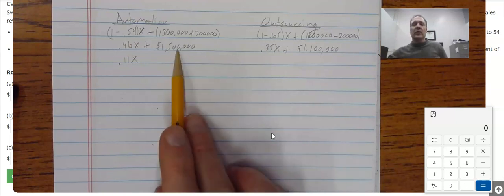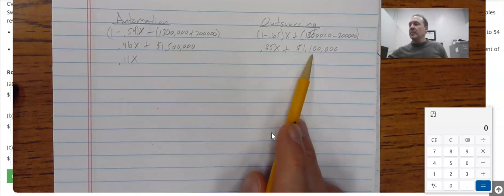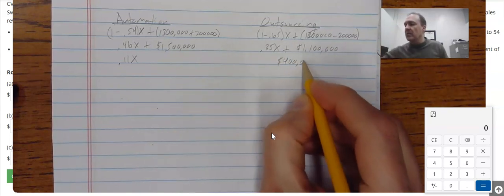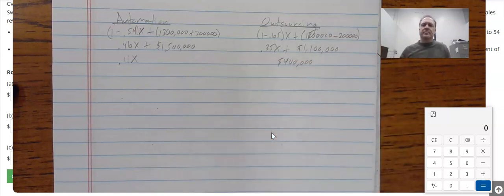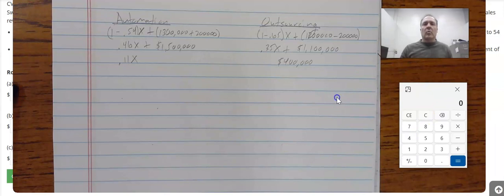Then we're going to compare our fixed costs to each other, and we're going to have $400,000 over here, and at this point we're done, or almost done.